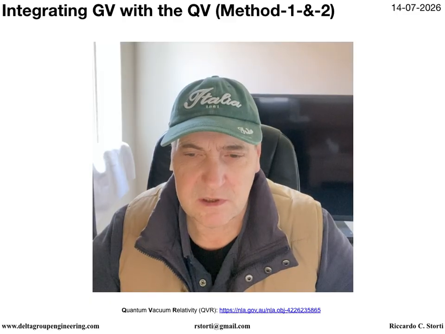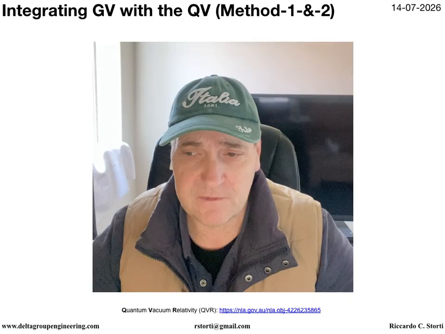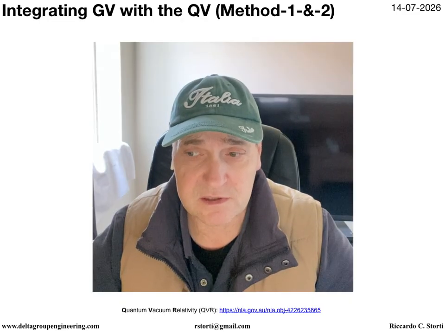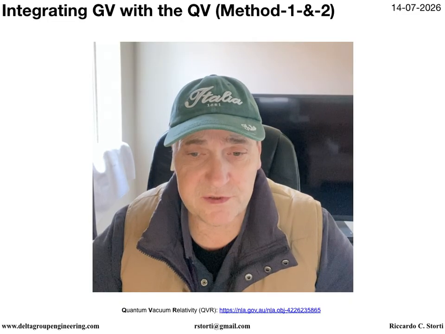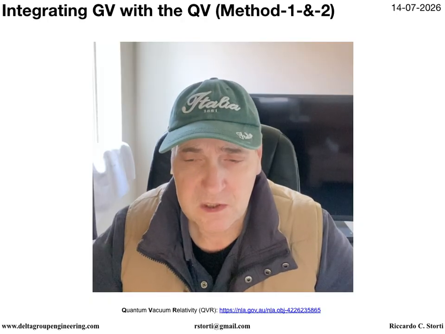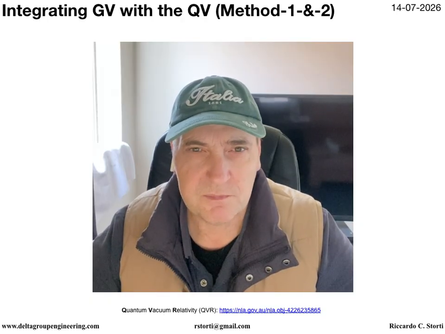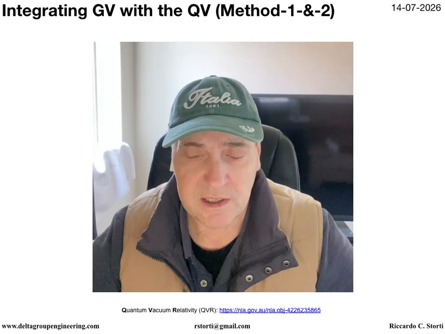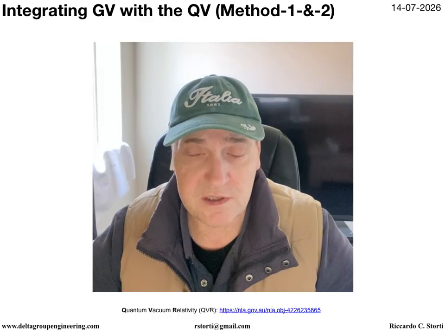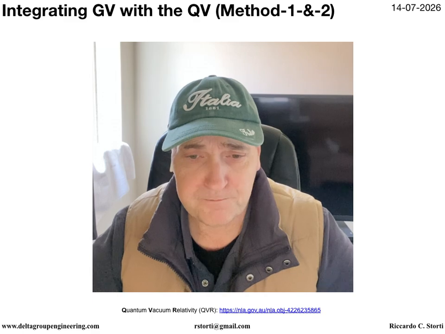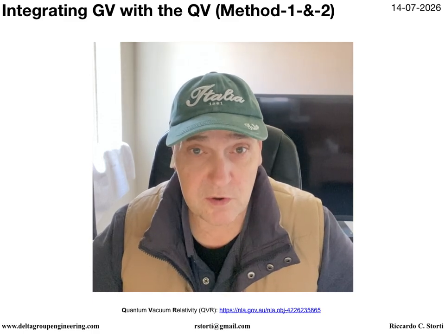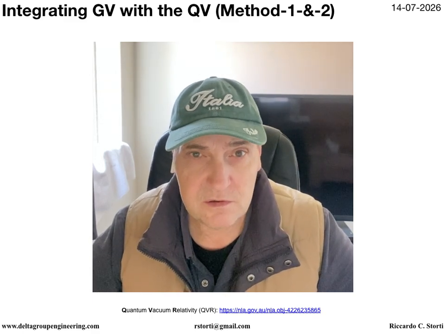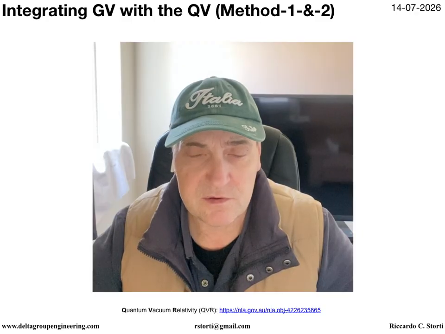In this episode, I'm going to walk you through two methods which demonstrate that the EGM construct successfully integrates general relativity with the quantum vacuum. Method 1 simply multiplies the Ricci scalar by a quantized version of the number 1 at a point in space, which we call the unit harmonic operator. This unit harmonic operator is bounded by physical quantum vacuum cutoffs.